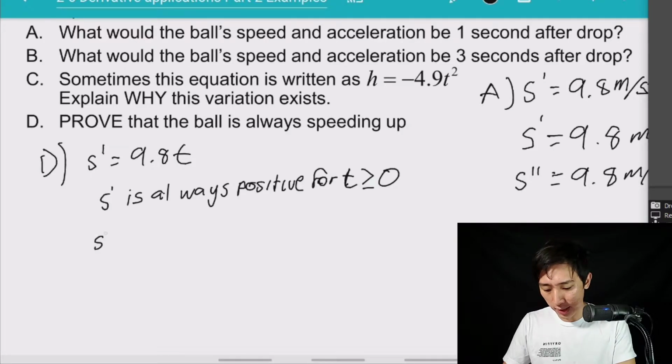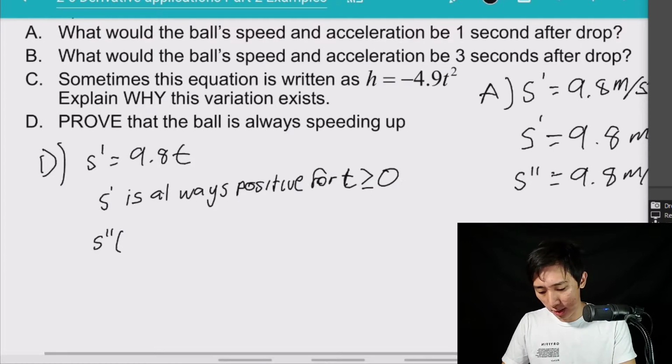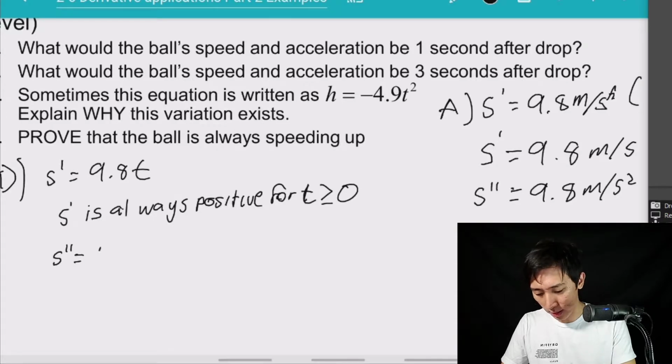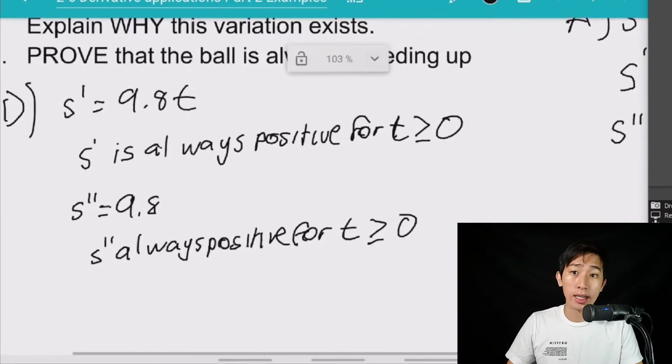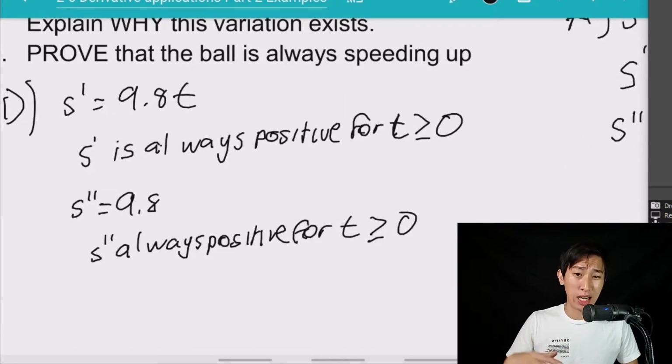Similarly, S double prime is equal to 9.8, so S double prime is always positive for t greater than or equal to 0. And then our conclusion, and again, we do want to set this up because we want to lay down our groundwork. Just because it's in our given doesn't mean that we want to just assume it. We have to state it.